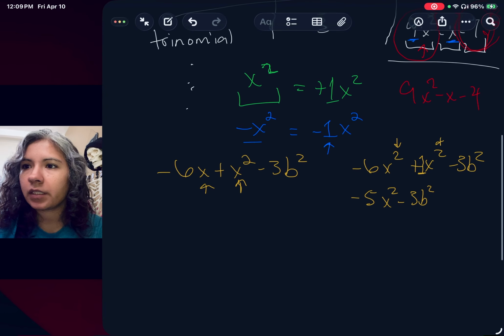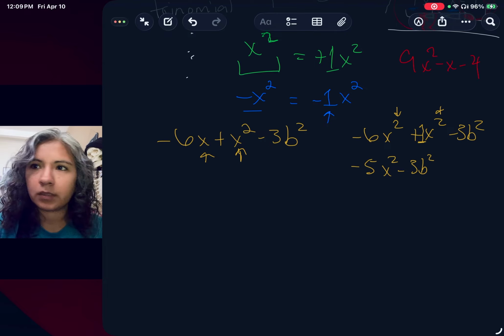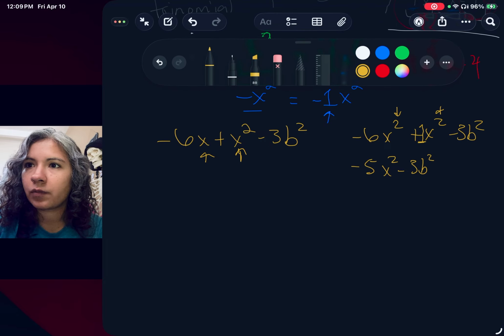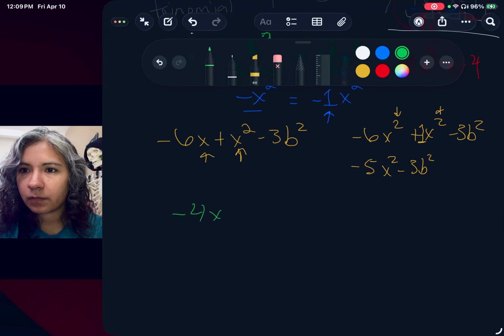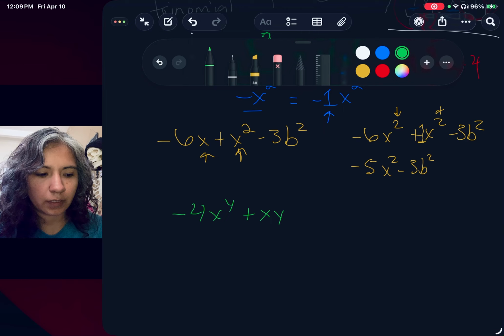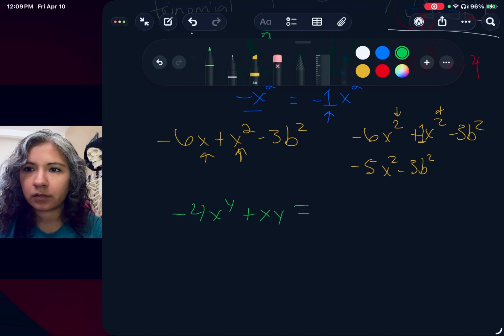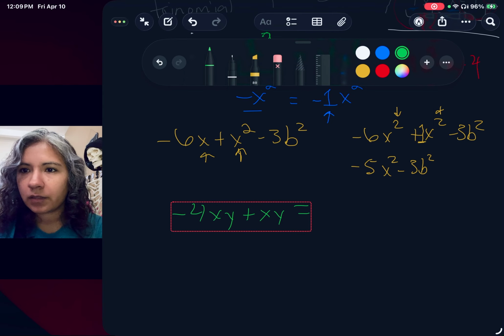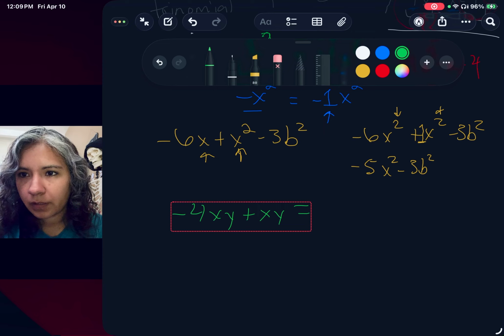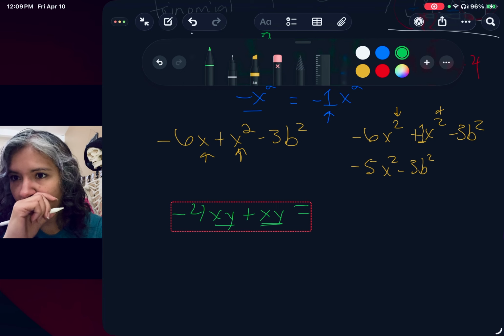So if we had something like -4xy plus xy, we would combine, oops, that looks like a squared. This is supposed to be y. Okay, so these two are the same, right?